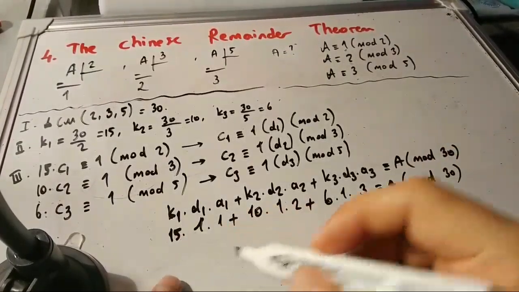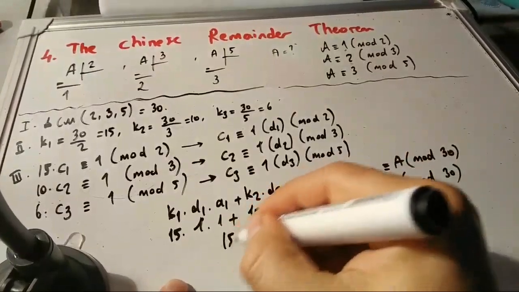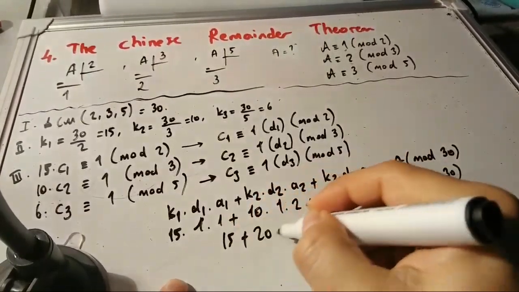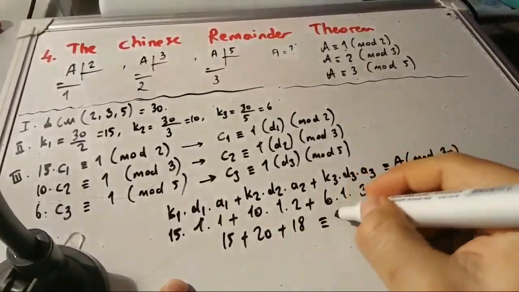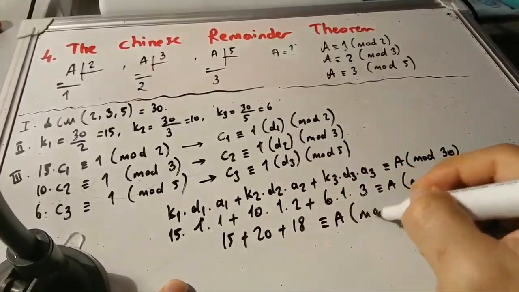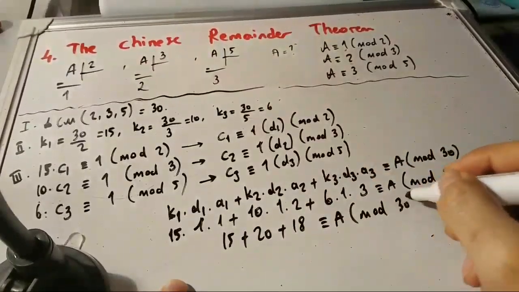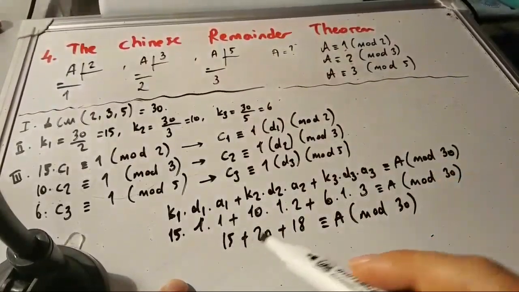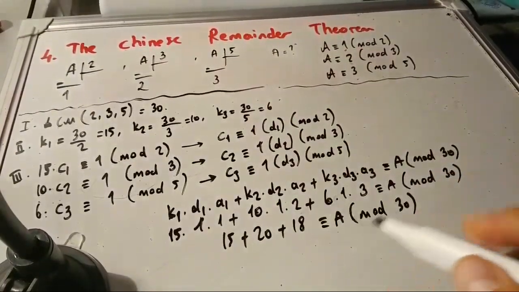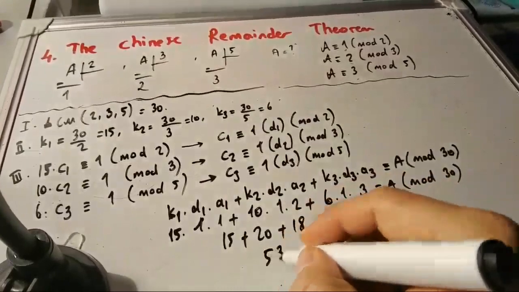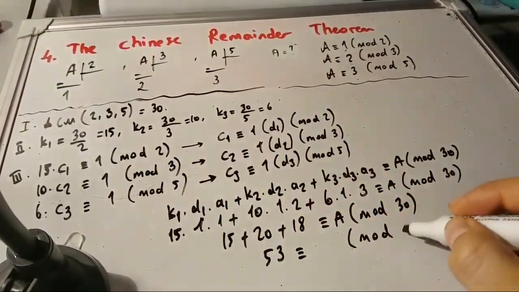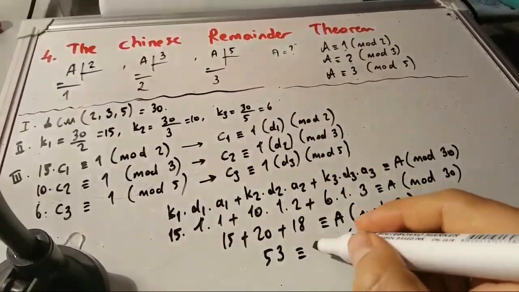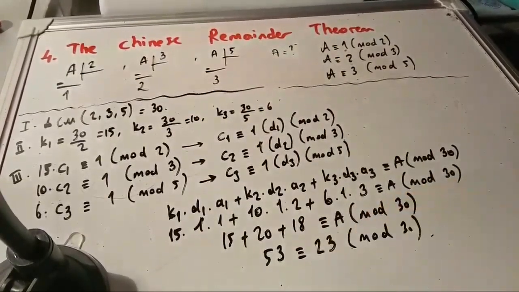Okay, 15 times 1 times 1 is 15, plus 20, plus 18, is congruent to A in mod 30. 15 plus 20 is 35, plus 18 is 53, which is congruent to 23 in mod 30, right?